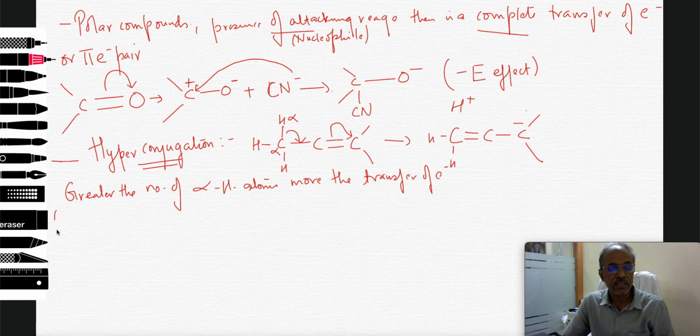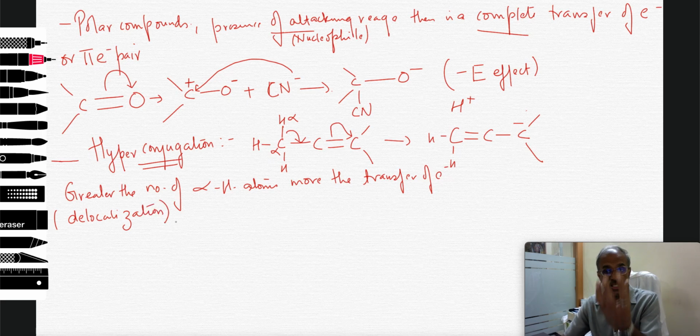You can say delocalization. Delocalization means the electron is not localized to any specific place. Delocalization of electrons, to be more precise, pi electrons.